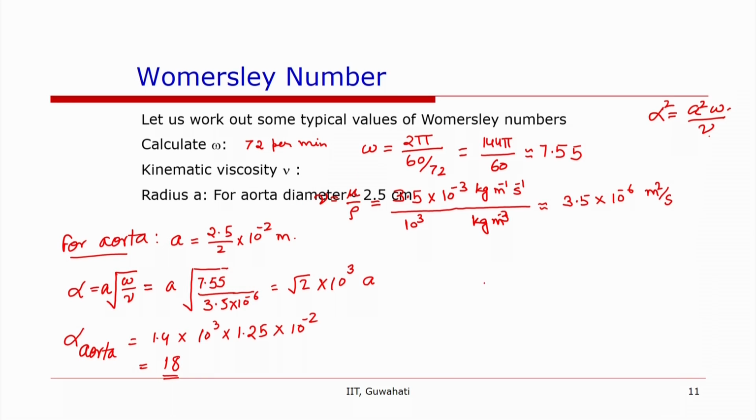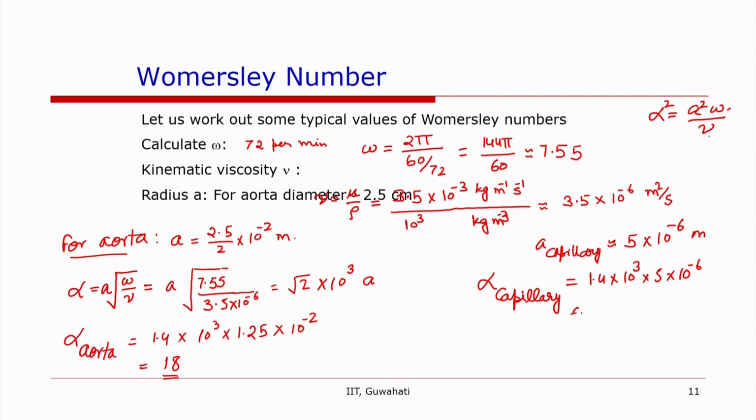If we look at the capillary system, which will be the say minimum size of the channel, so in the capillaries, let us say alpha capillary will be 1.4 into 10 to the power 3, and the radius of capillary will be about say 5 microns, so 5 into 10 to the power minus 6 meters, so into 1.4 into 10 to the power 3 into 5 into 10 to the power minus 6.